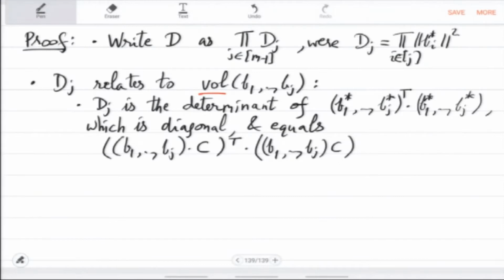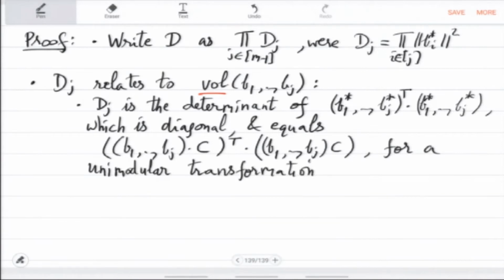Right, C is the unimodular transformation. So, this is a nice transformation happening in the lattice. Well, not quite, but basically it's a transformation. GSO is a transformation such that determinant of C is plus minus 1.